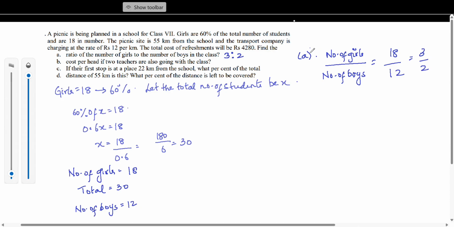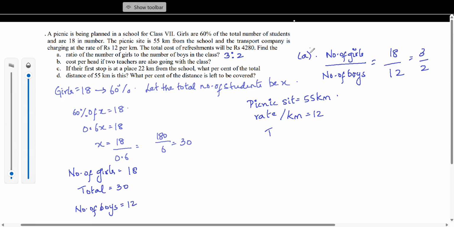Now the cost per head they want us to find if 2 teachers are also going. So the cost includes the transport rate as well as the refreshment. So the picnic site is 55 kilometers and the rate per kilometer is said to be 12.